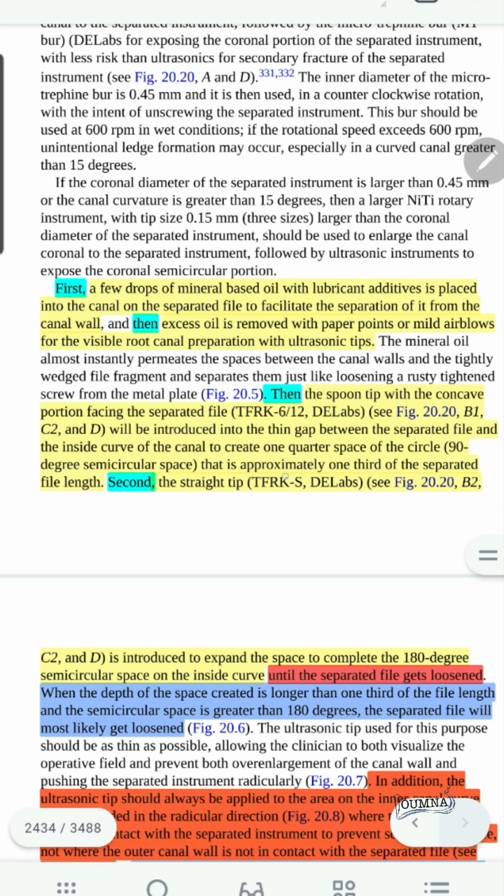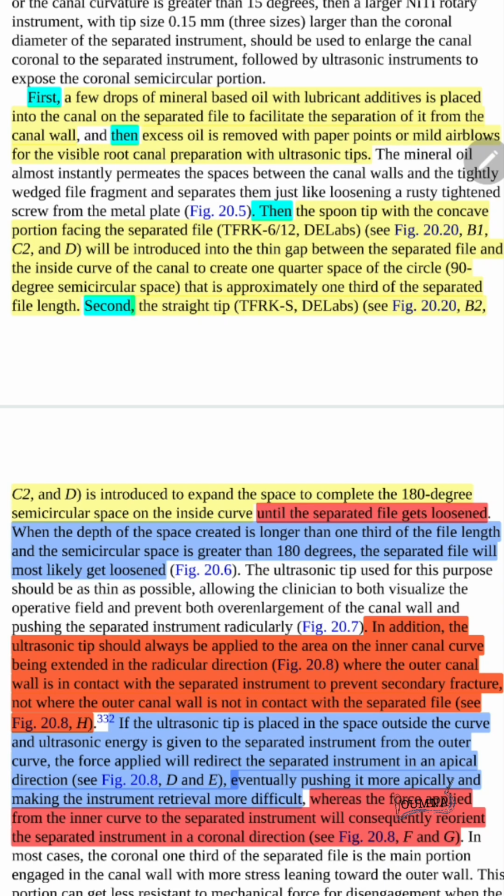After we insert the spoon-like ultrasonic tip into the space between the canal and the file, we do a 90-degree semicircle movement, which means a 1/4 move around the separated file.